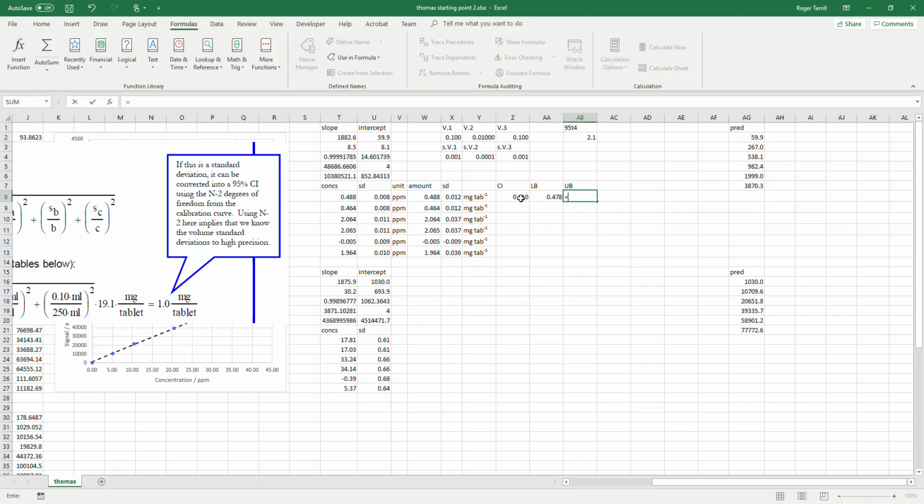The upper bound is going to equal the mean plus the CI. And now we can copy all these guys down. There we go. And these are all milligrams per tablet here.